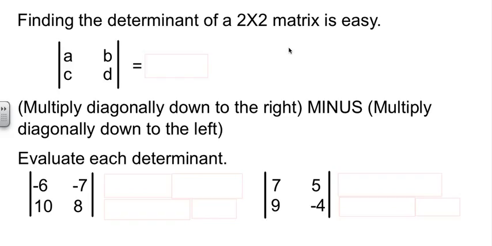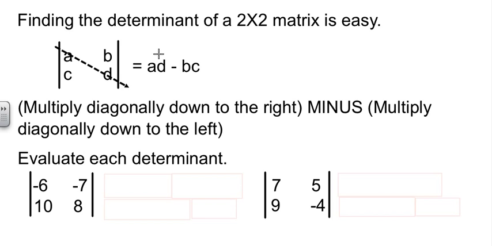When we're looking at a 2x2 determinant, there's a formula, AD minus BC, assuming that this is our matrix. Okay, what you're doing is multiplying diagonally downward from upper left to lower right.